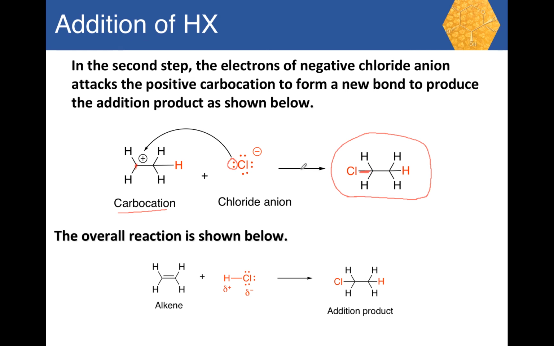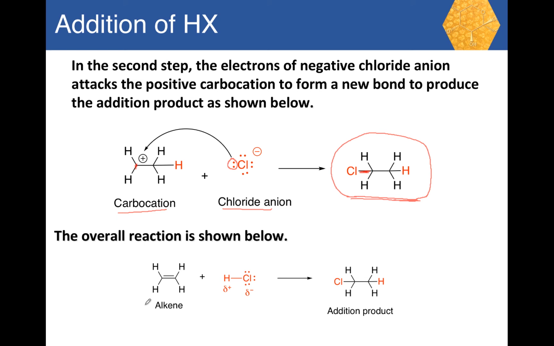It's a 2-step mechanism. The first step involves the electrons forming a bond to the proton right over here, and the second step involves the chloride anion forming a bond to the cation, and this is the product.